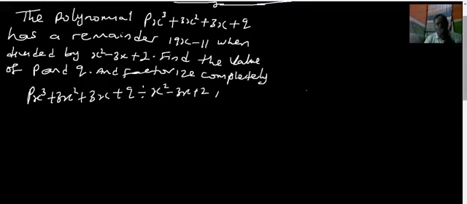When you are solving a polynomial question like this, this divisor they have to use to divide is equally a polynomial of second degree, but you can factorize it first. So if you factorize x squared minus 3x plus 2 and equate it to 0, you get the values of x.